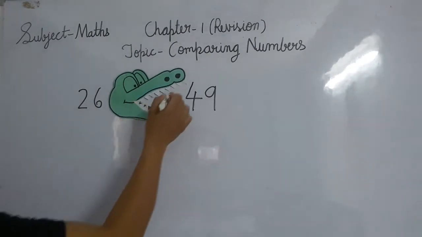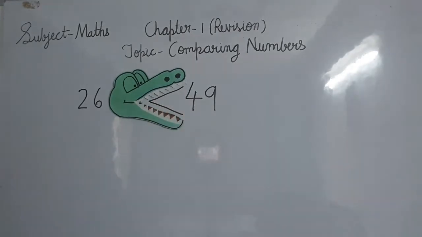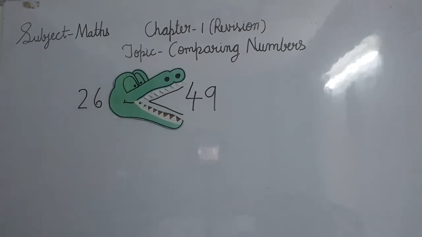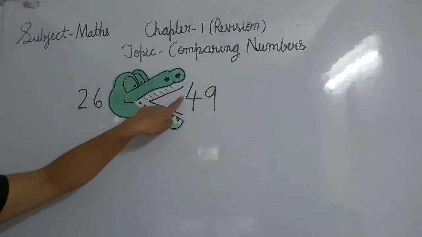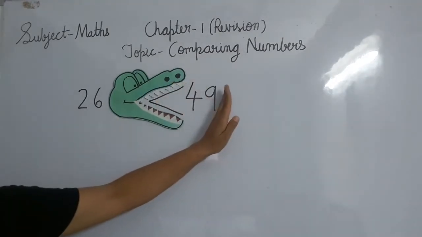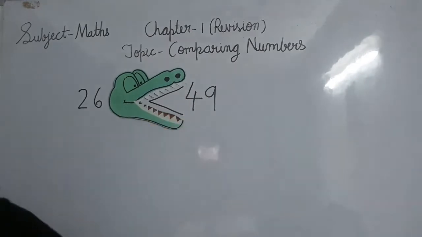Which symbol do we need to use? We have to open the mouth towards the greater number. Just keep one thing in your mind: the mouth should always be open towards the greater number. Wherever the bigger number is, we open the mouth that side only.